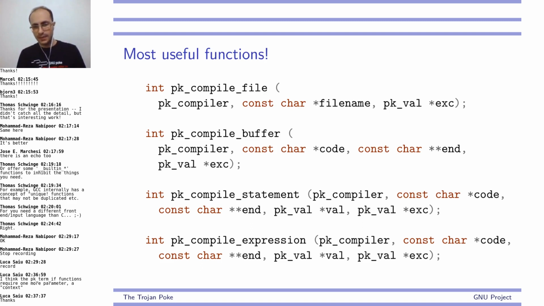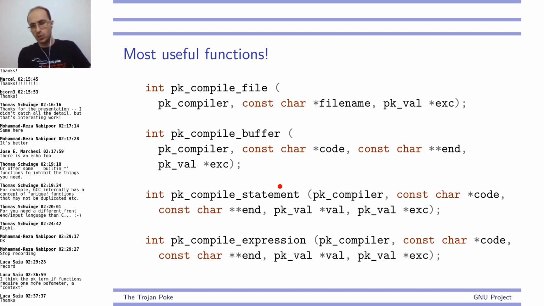And then what I call the most useful functions are the interface to the compiler and the PVM. All of these functions are called pk_compile, but they are not just compiling. They compile and execute the code. The first one reads code from the file name, and the second one is read from memory. They are text. And these two are specific.